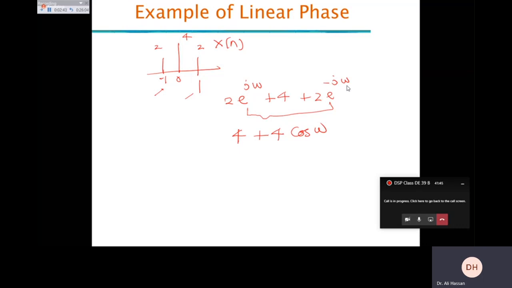As you see now, the Fourier transform, even if you plot it, is a raised cosine, and cosine is an even function. We know what a cosine is. Cosine is an even function of omega or theta, whatever.